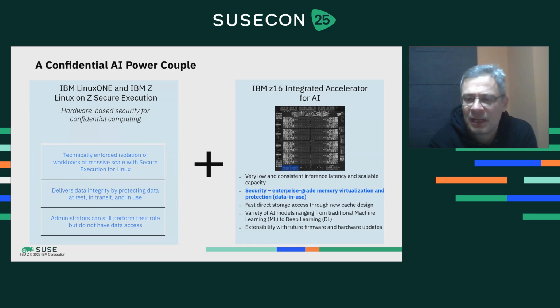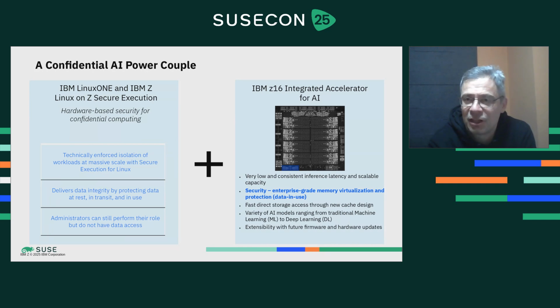And therefore, you do not have to worry about how to pass in, for instance, a PCI-attached AI accelerator into a secure guest, which is not trivial because you have to make sure that that PCI device you're passing into the secure guest is actually legitimate and not just a fake one which some foe is trying to make you use so he can read out your data under the covers. So by taking advantage of our on-chip technology, we do not need to do anything extra here.